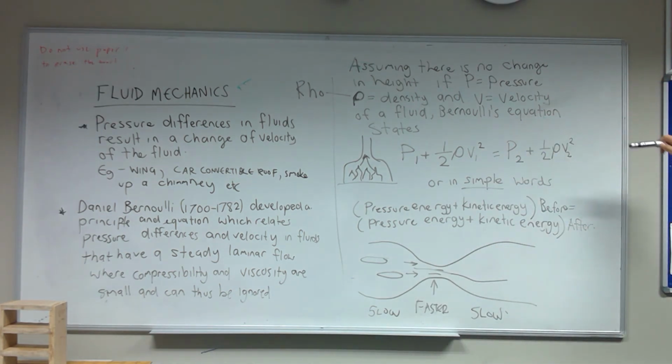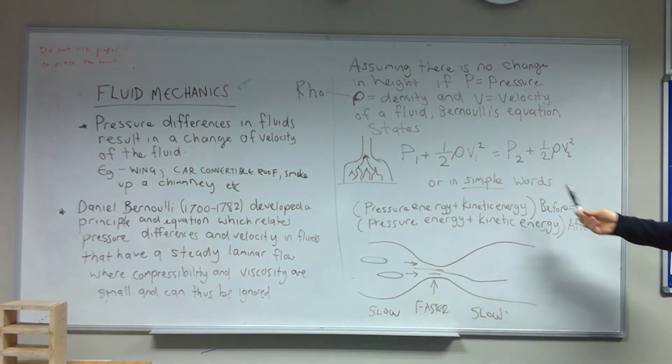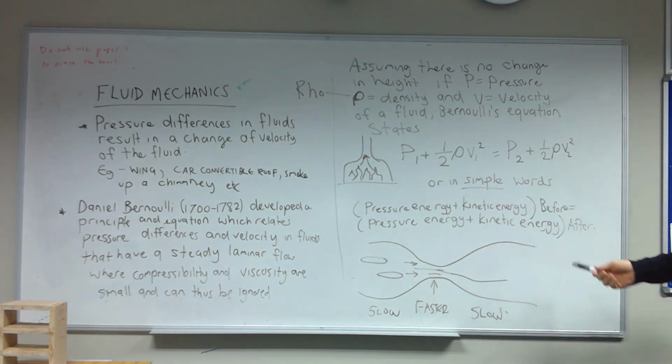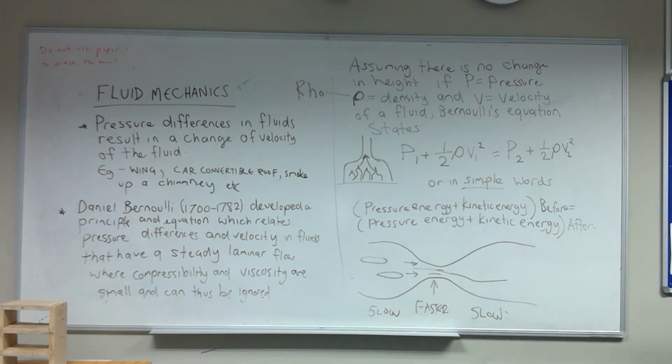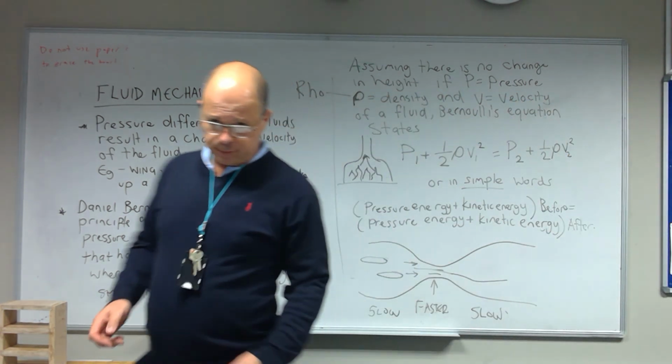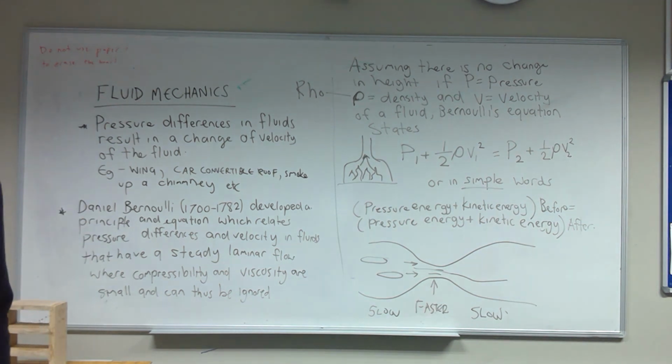This equation is probably worth remembering. At the very least, have an understanding of the principle. You need to understand it in a more qualitative rather than quantitative fashion for this course. That's me for Bernoulli's principle. Write it down and have a think about it.